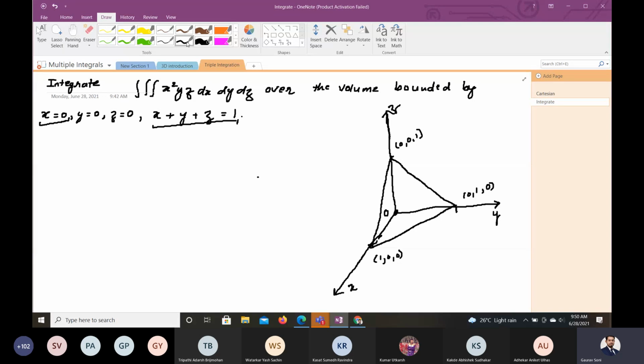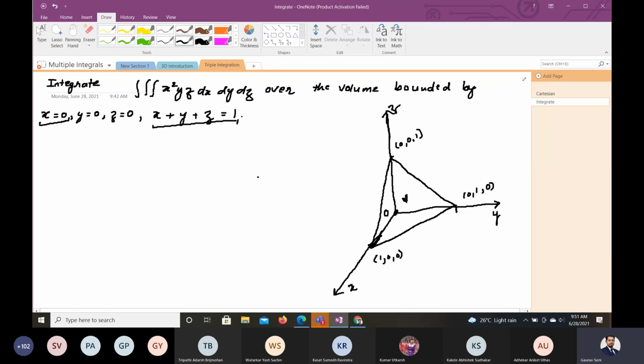In double integration, what we did was we made a strip which is parallel to x-axis or y-axis. What I need to cover now is a volume. So what I should do is I will consider a pillar. I will consider a base plane first of all, over which I'm going to integrate. So this is the volume over which I need to integrate.